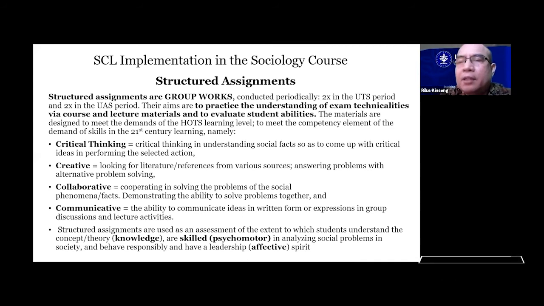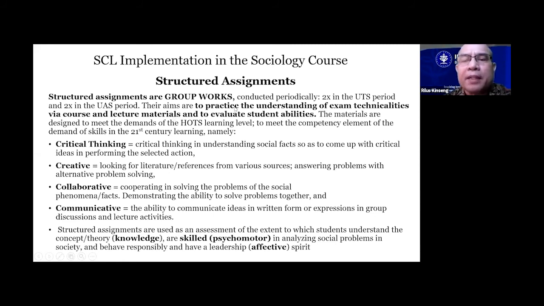I think you have already been divided into groups. As I already mentioned, you're going to have two before the midterm, and another two before the final exam.